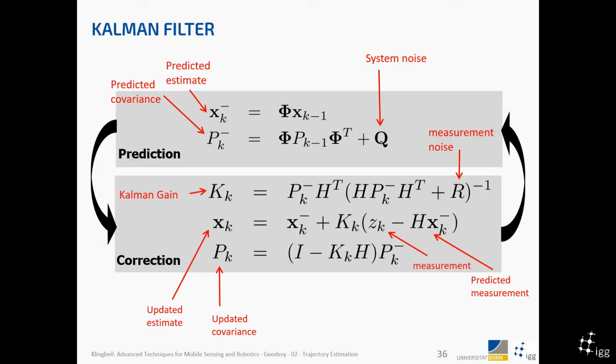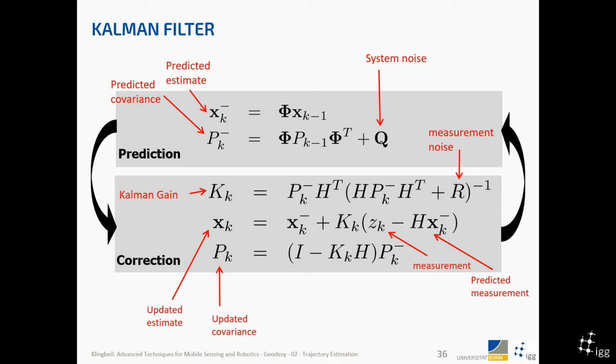Okay, in order to explain what possibility we have, we look again at this Kalman filter here. Just to remind you of the conventions, the notation: this is the state. The estimated state is x. The estimated x with a minus here is a predicted state.